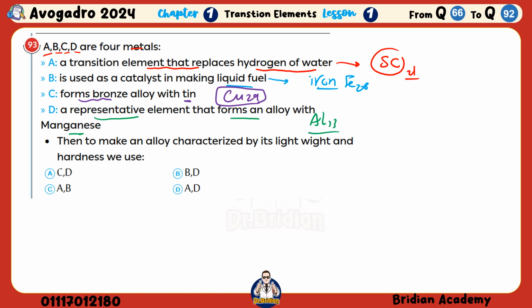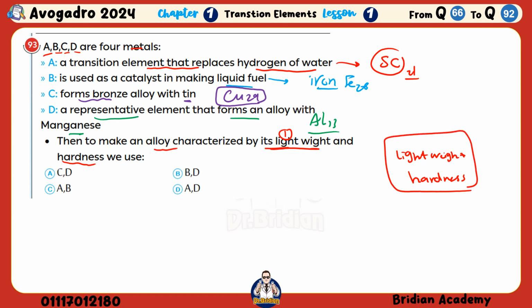Then to make an alloy characterized by being lightweight and hard. This characterization of alloy refers to scandium plus aluminium.